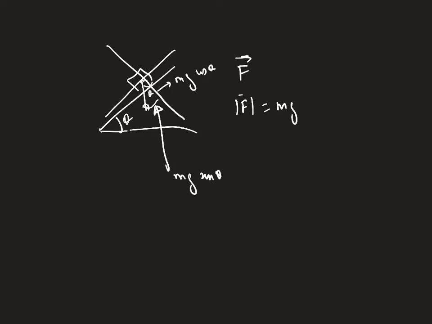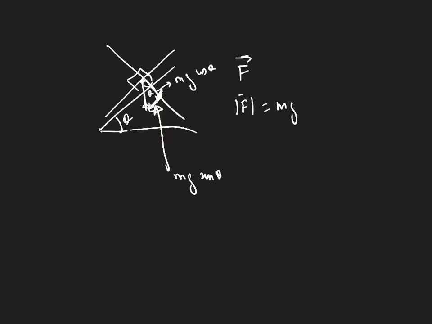You have to think about this once and again until you catch it. It's not so easy, but at the end you will realize that it's very, very easy. So this is the magnitude of the force. The component of the force in this direction is this one and this one.